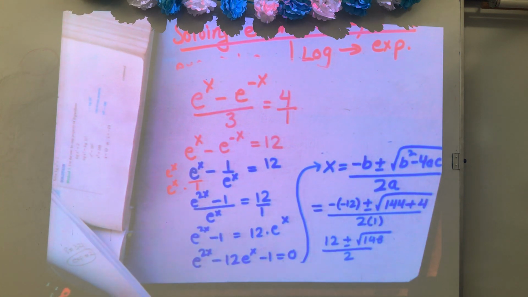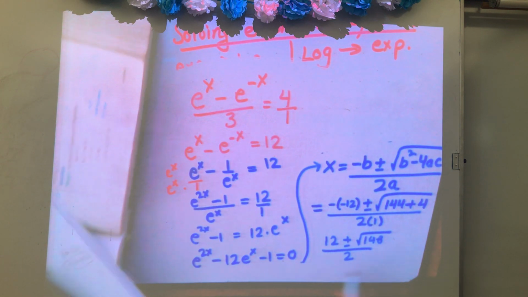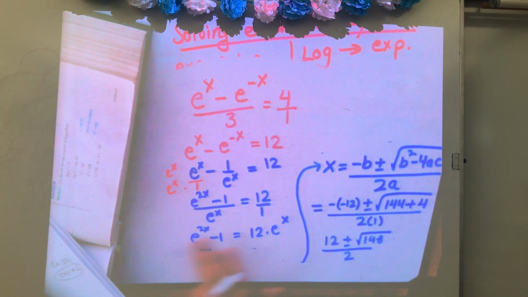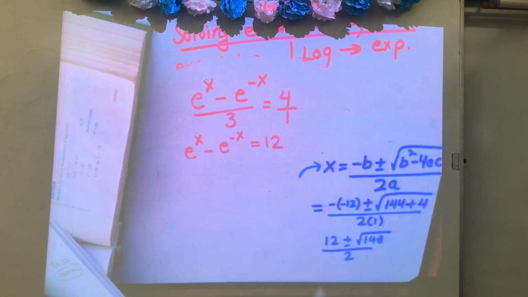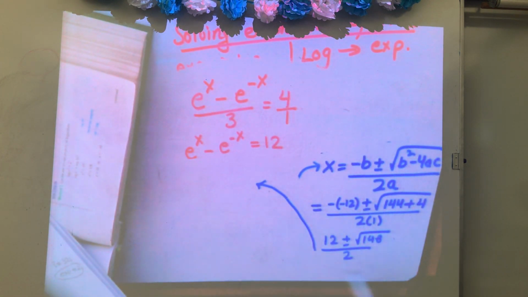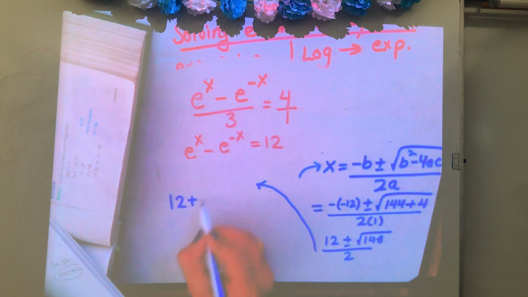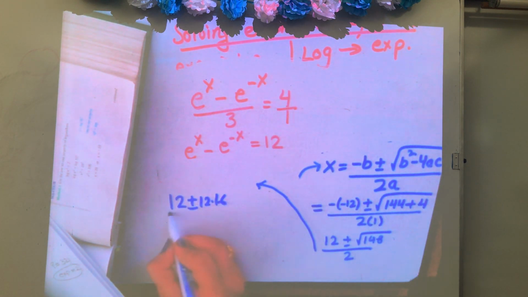So the square root of 148 is 12.16. Oh, I need to erase a part of this. How about if I erase this whole part, because I need more room. So back to this. I have 12 plus and minus 12.16 over 2.